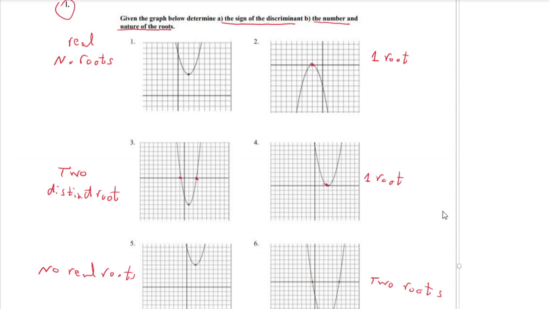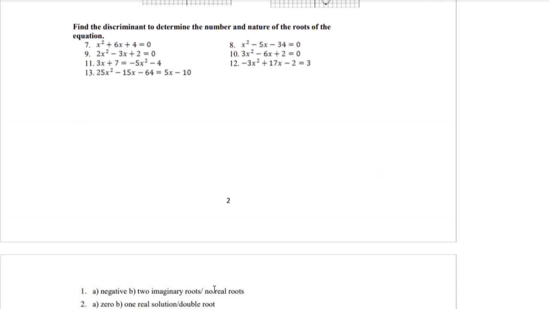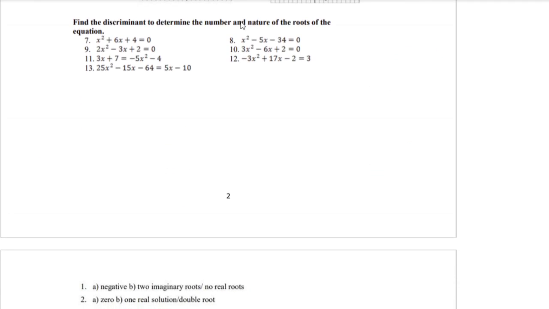In question 2, find the discriminant and the number and the nature of the roots. So you'll find the discriminant, which is delta. Delta equals b squared minus 4ac.